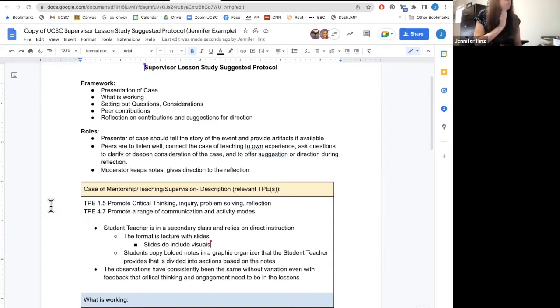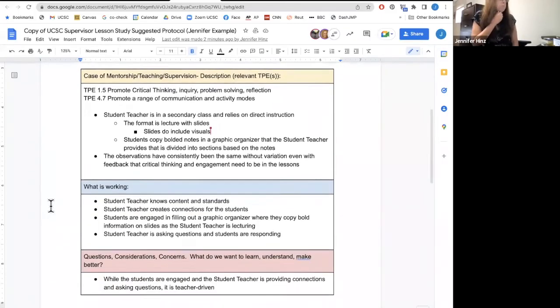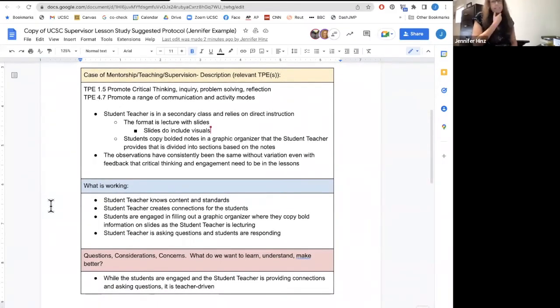I have a student teacher that I'm working with who is in a secondary classroom and relies on direct instruction. What I mean by that is that the format is lecture. The student teacher definitely has slides going on, so there is vocabulary, there are visuals, there is information on the slides.